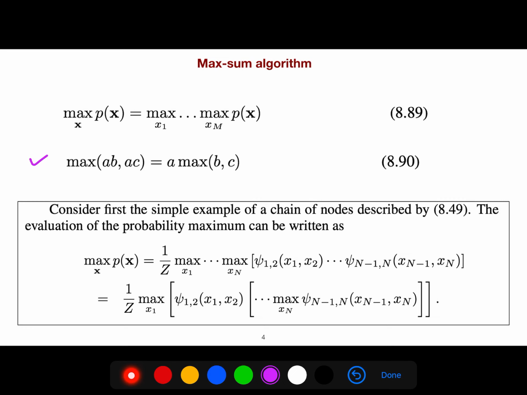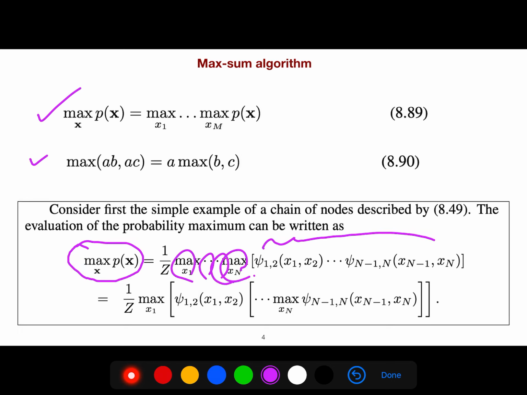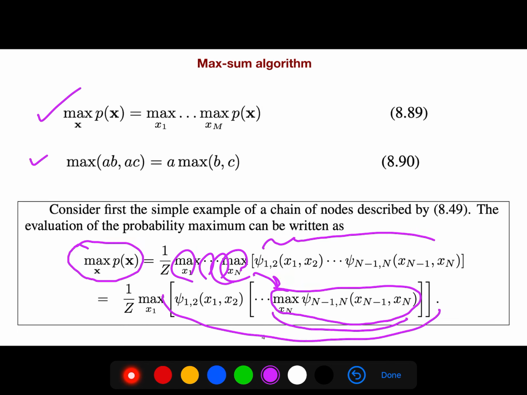It's familiar from elementary school. And this one as well, the maximum could be separated. This is another trick that we use. By combining them, we can write the max of P of x as the product of these potentials, but the max goes inside. So we can write this as the maximum of other terms, which itself has a max.